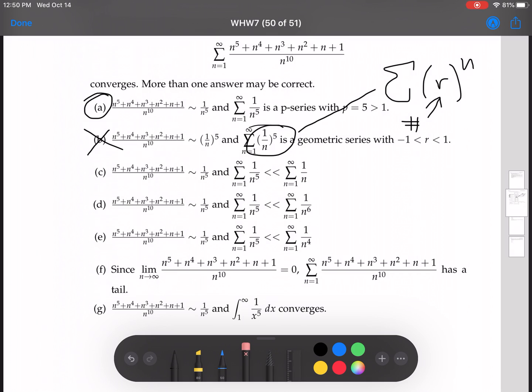So for example, 2/3 or 1/3 or 5 or something, right? Remember, it is true that a geometric series does converge when we have this. That's absolutely true. But 1 over n to the fifth is not the form of a geometric series.